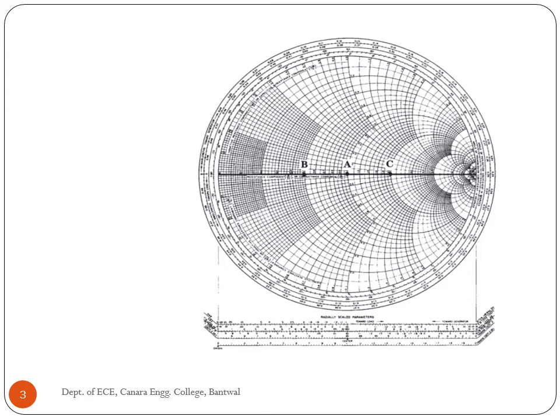This line or horizontal axis is called the pure resistance line and it forms the reference for measurements made on the chart. A complex impedance contains both resistance and reactance and is expressed in the mathematical form Z = R ± jX ohm.